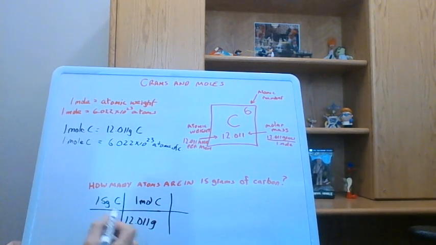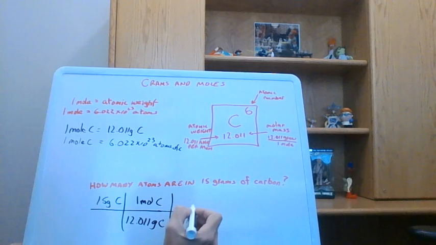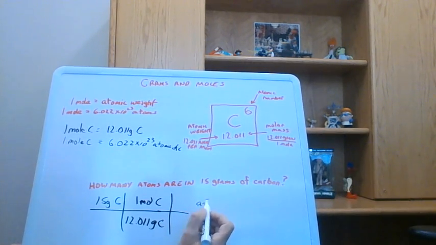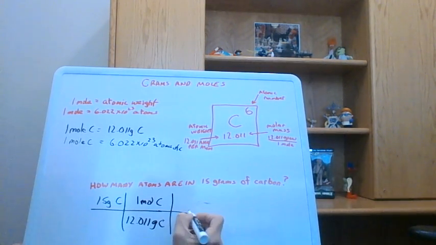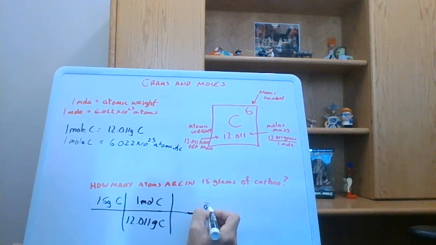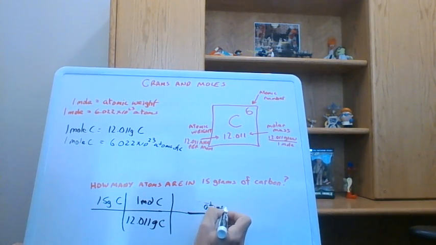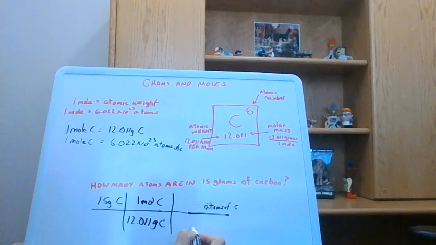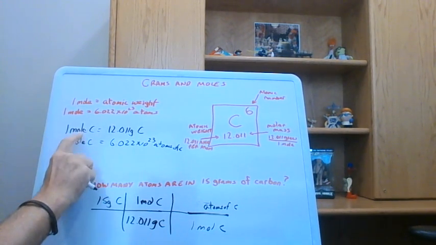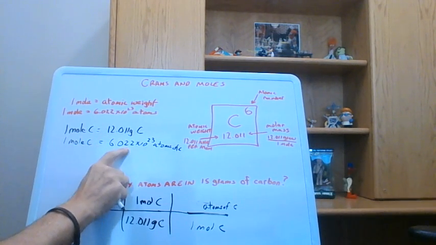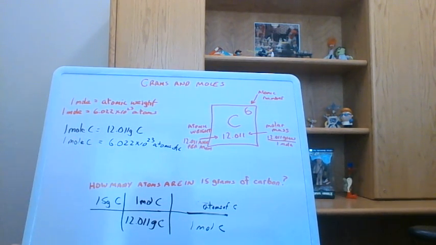So now we have grams of carbon disappearing and we're at moles of carbon, but we want to go to atoms of carbon, so we want to know the relationship between atoms of carbon and moles of carbon, right? And so we know that 1 mole of carbon contains 6.022 times 10 to the 23 atoms of carbon.